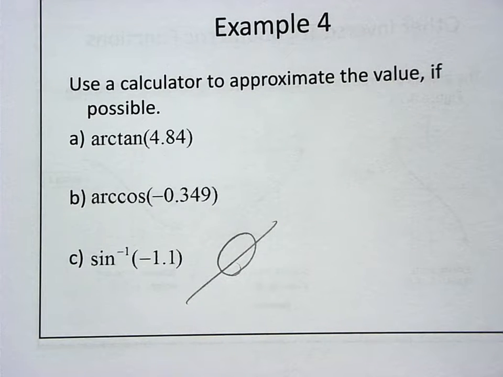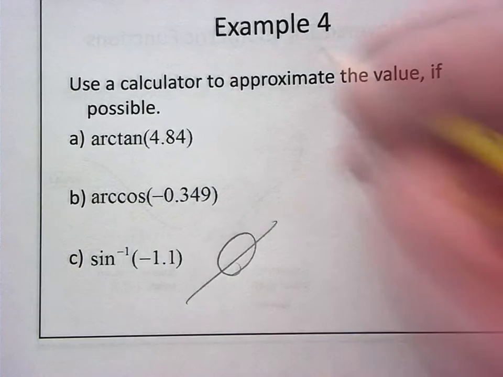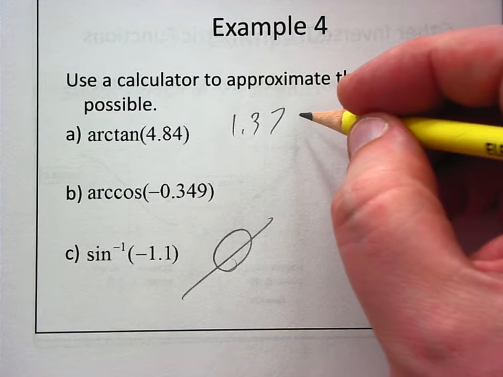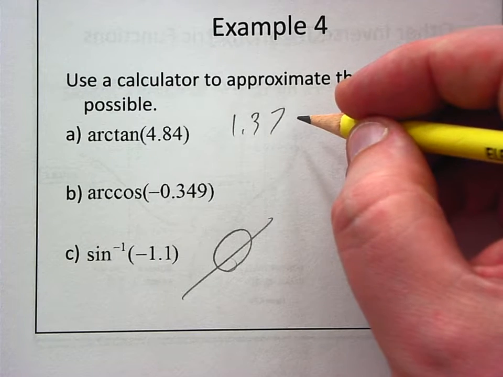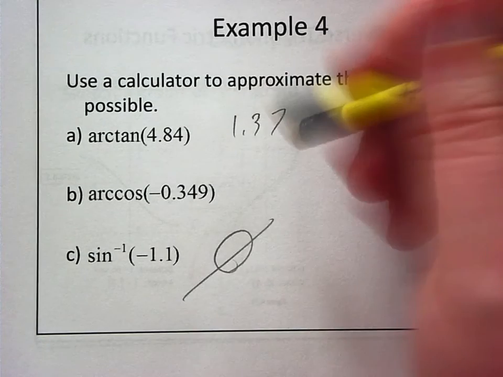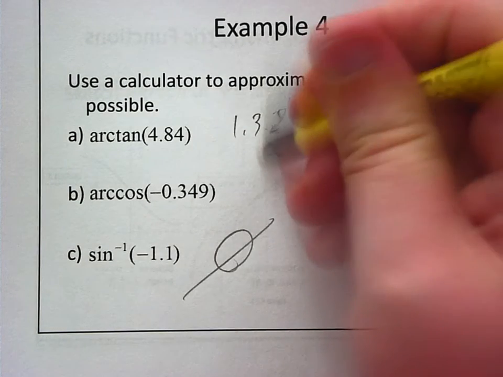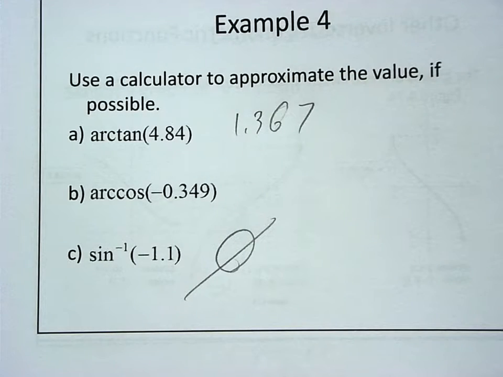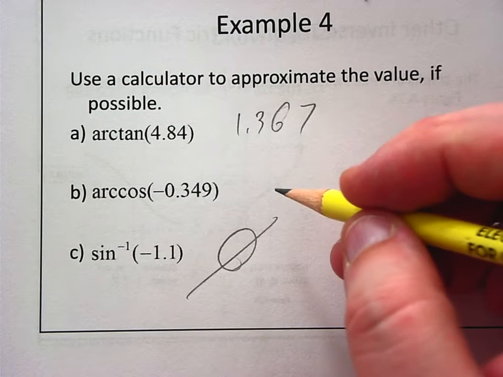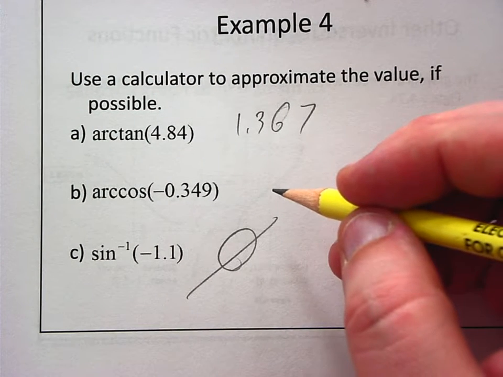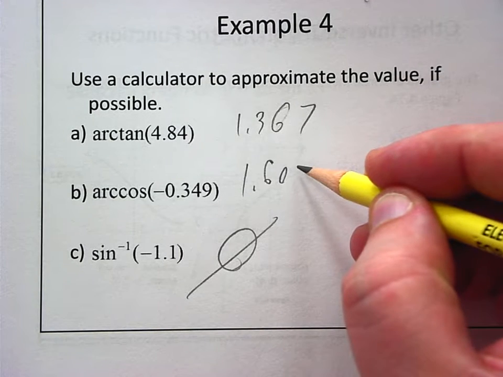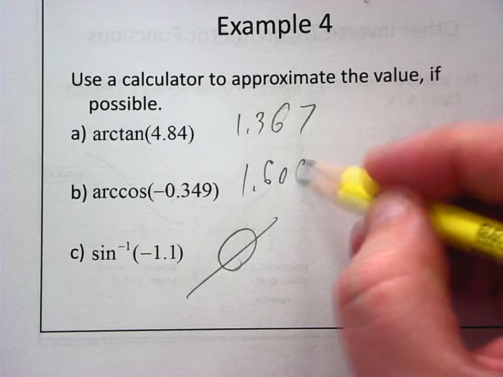What do you get for arctangent of 4.84? 1.37. 1.371 or 2? No, it was 1.36 something. 6, 7, okay. Arc cosine? What do you get for that? 1.605. 606?